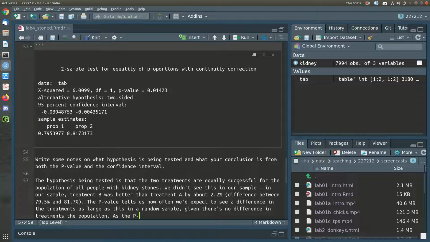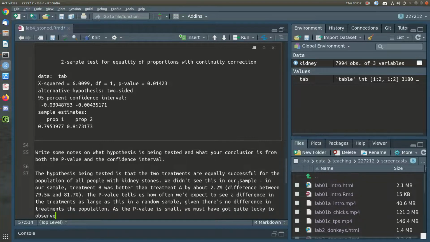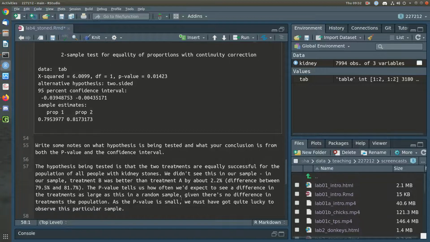As the p-value is small, we must have got quite lucky to observe this particular sample. So let's write down what it is. Instead of just saying it's small, we can note down exactly how small, so that in case we make a decision that someone else disagrees with, they have some information to go on.